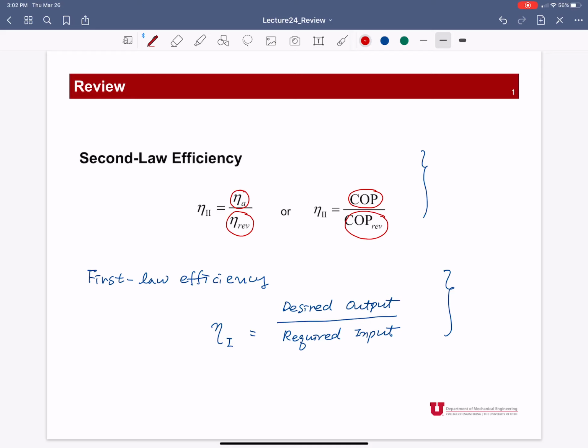By using this second law efficiency, we can see how far your devices can reach in terms of efficiency compared to the most ideal case. Also, we can see what is more beneficial to invest your money in terms of improving the overall performance of your systems, either heat engine or refrigerator or heat pump.